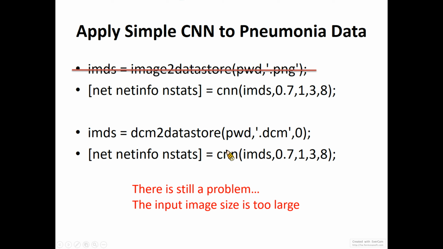And most importantly, if you use a large input size, then certainly you need many feature extraction processes to extract the necessary features, and that doesn't work in our small CNN model. So we need to modify the code of the DCM to data store to resize the DICOM images.